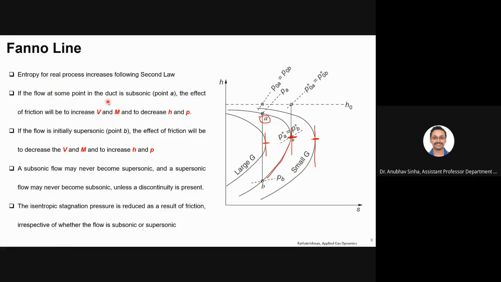In that duct, if the flow is subsonic, let us say we are at point A, and you have friction, then from here where can you go? You can either go left or you can go right. What is the more preferable direction as per the second law? Which direction will increase your entropy?